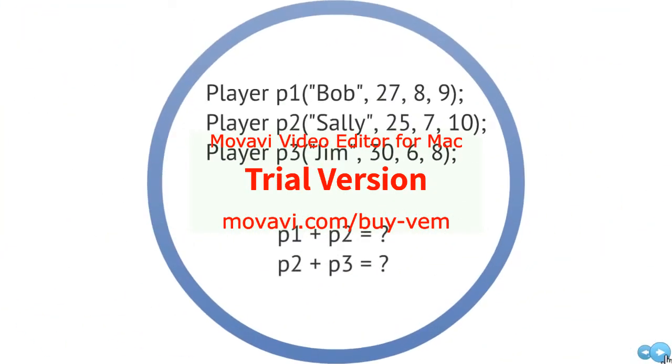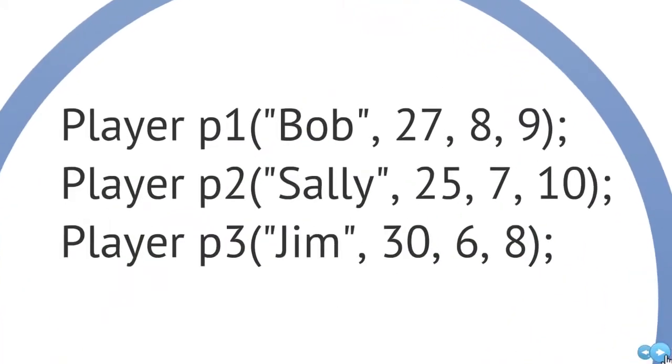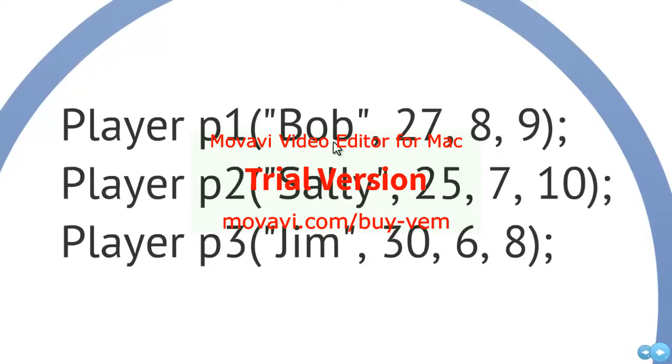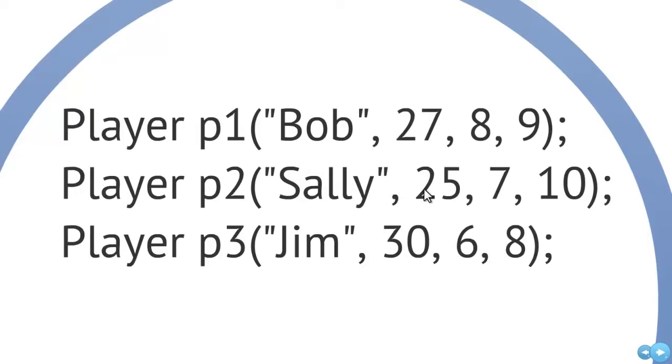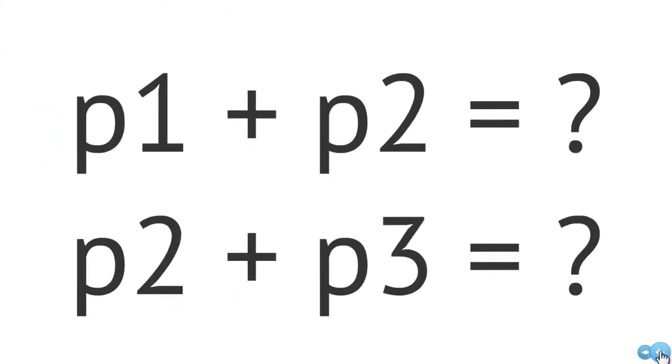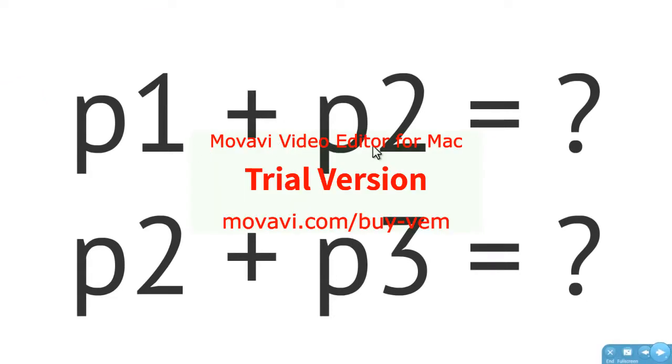Let's take a look at another example here. Here we have a couple of player objects being created. I'm not going to specify the details of the player class. Let's just assume that in order to construct a particular player object, we have to specify maybe a name, an age, a strength, and an intelligence. So if we were to do P1 plus P2, we really don't know what that means.